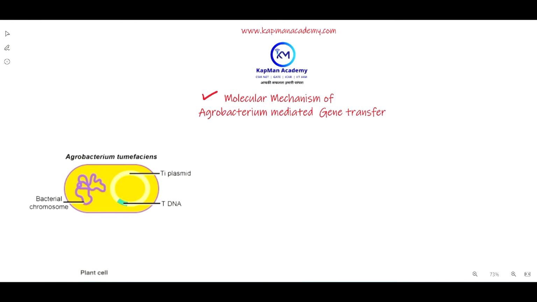Today we are going to talk about the molecular mechanism of Agrobacterium-mediated gene transfer. As we already know, Agrobacterium is a gram-negative, rod-shaped bacterium which infects plants and causes crown gall disease. It contains a bacterial chromosome and a specific plasmid known as the Ti plasmid, which consists of T-DNA and Vir regions.